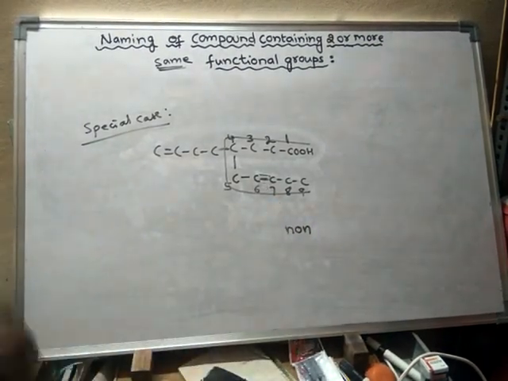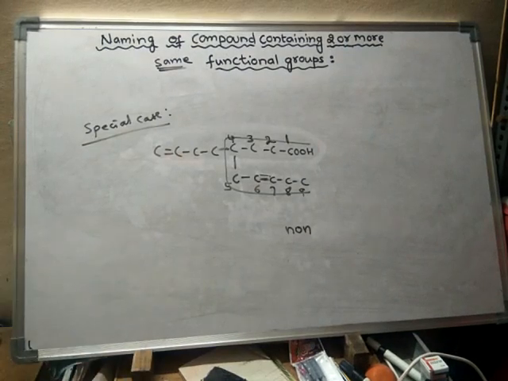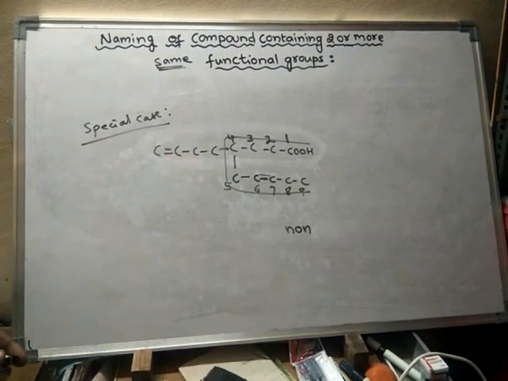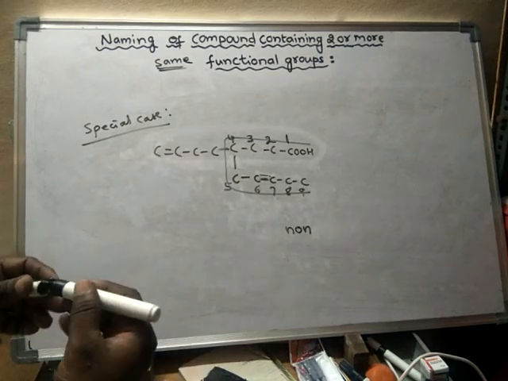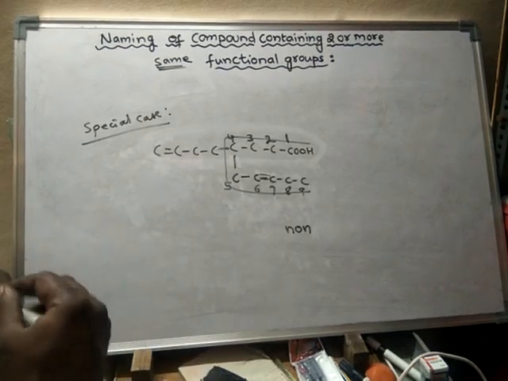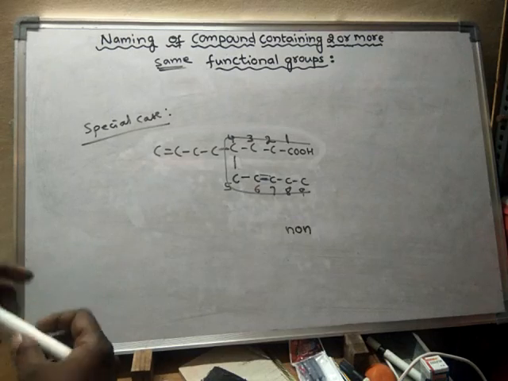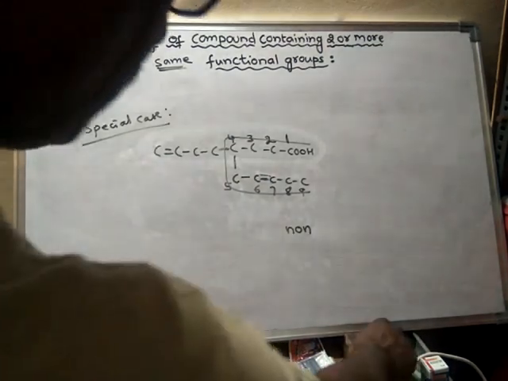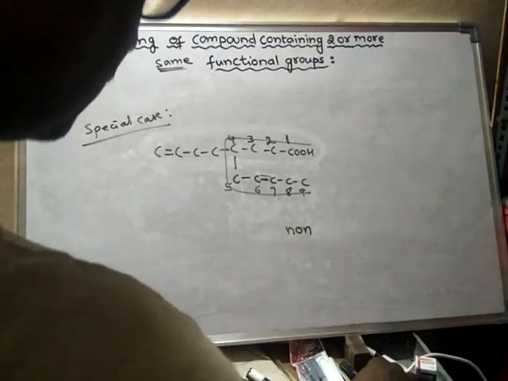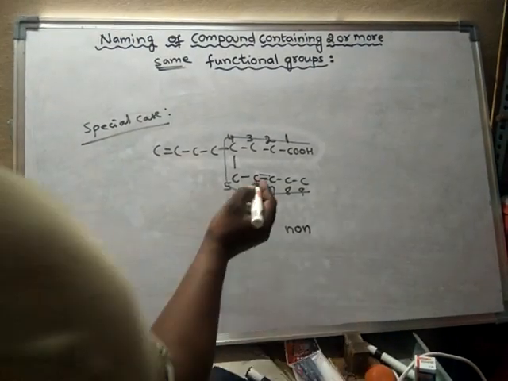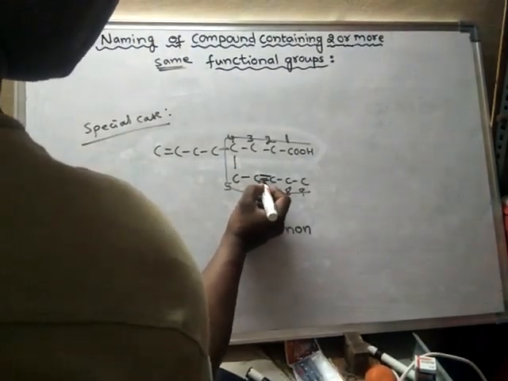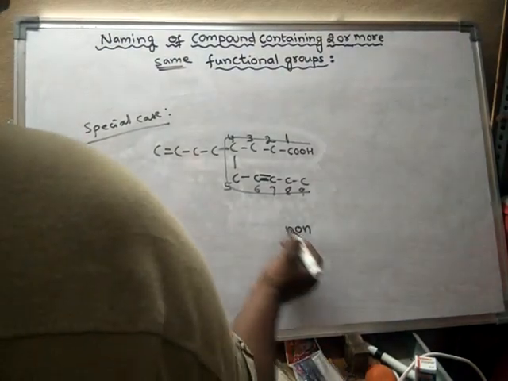Depending upon the number of double bonds, we have to mention it as en, or for 2 double bonds we mention it as adiene. If 3 double bonds are there, we mention it as atriene. So here, only 1 double bond is present, hence we mention it as en. On which carbon?